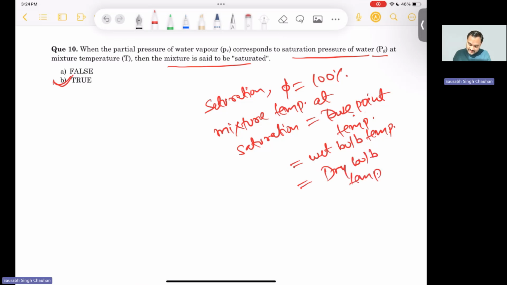So at saturation, dry bulb temperature, wet bulb temperature, and dew point temperature, they all are equal. And relative humidity is 100%. We have discussed this earlier, right? So this should be clear, and we will move to the next question.